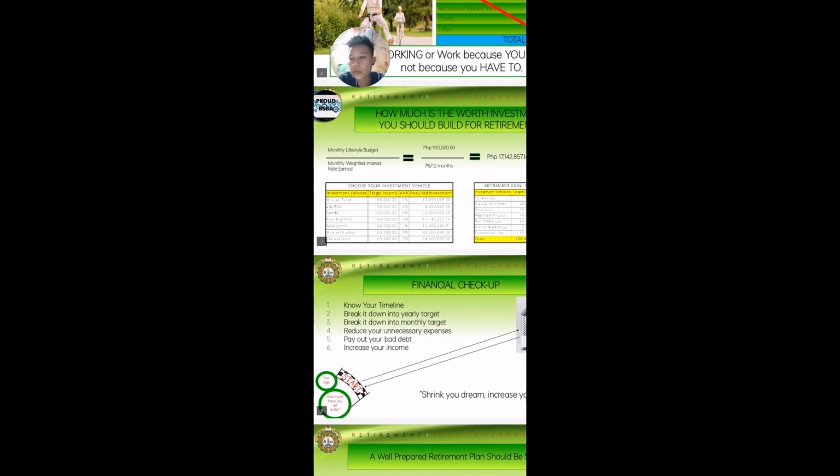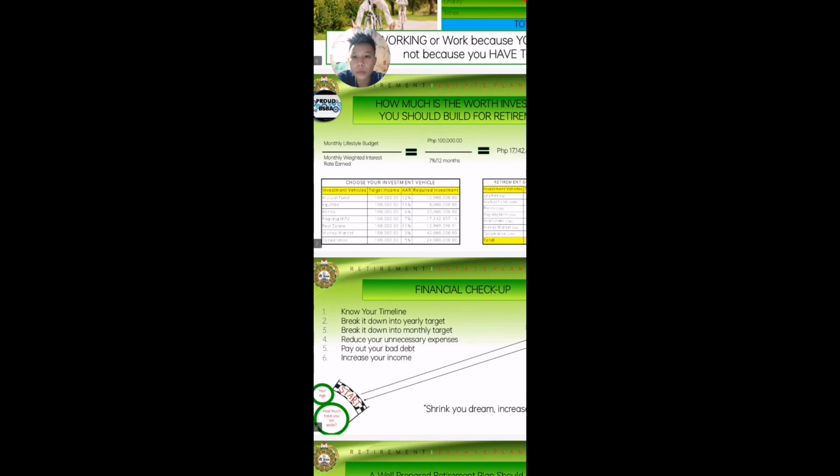To continue the retirement estate planning topic, I am going to discuss how much investment we should build for retirement. We simply divide the monthly lifestyle budget by the weighted interest rate earned.